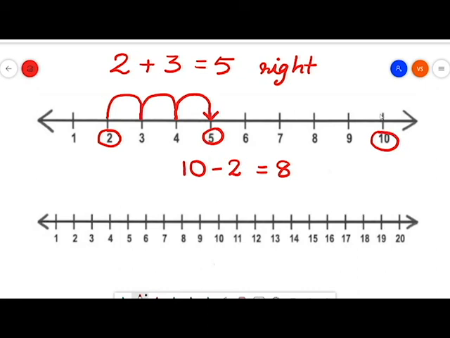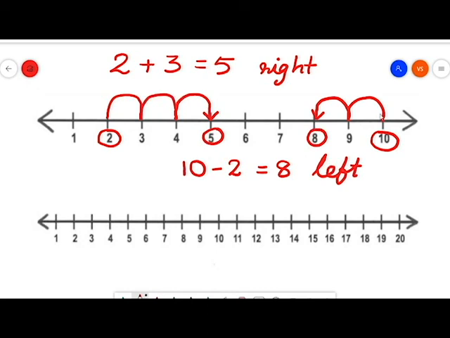And if you are subtracting, there is a difference in jumping. You have to jump towards the left side in the number line. How many jumps do we have to make? We have to make 2 jumps. 1 and 2. So we got the answer 8.